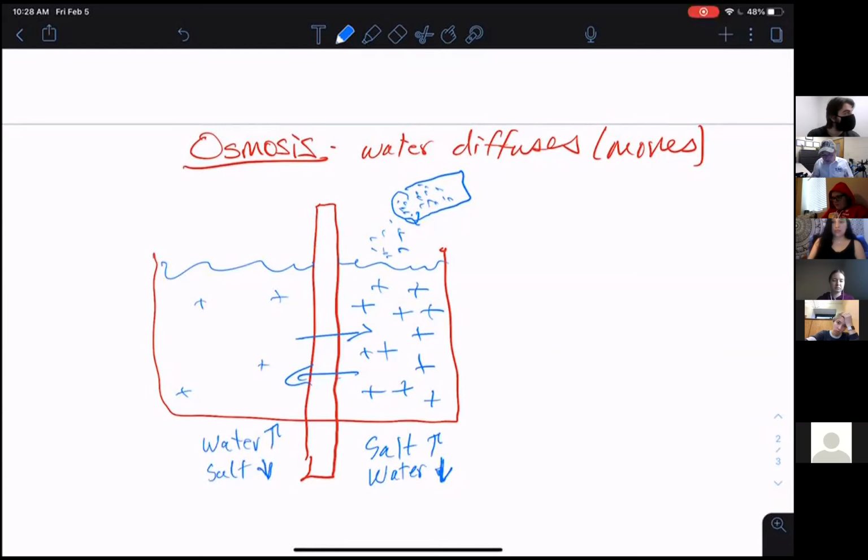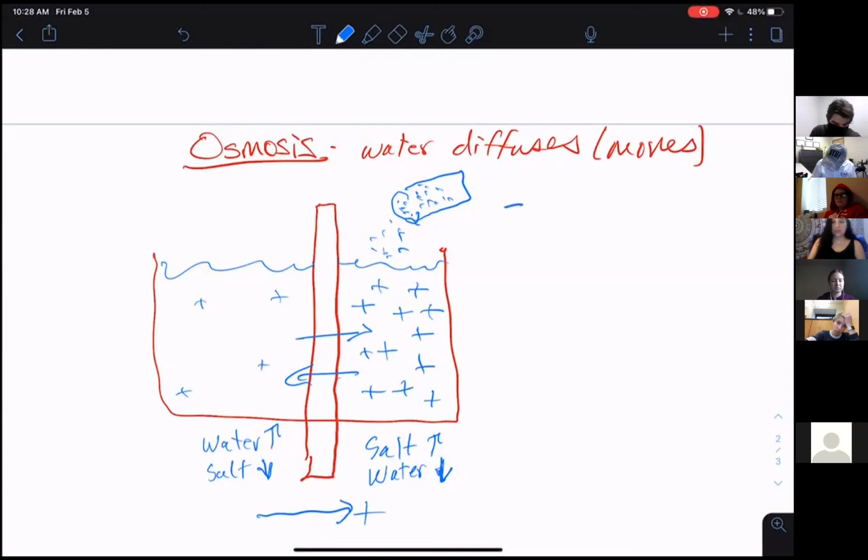And so water is always going to go towards the direction where there is a lower water concentration. Because there's something else taking up space in the water, like salt, the lower water concentration is over here. So water is always going to head where there's the lowest water concentration.